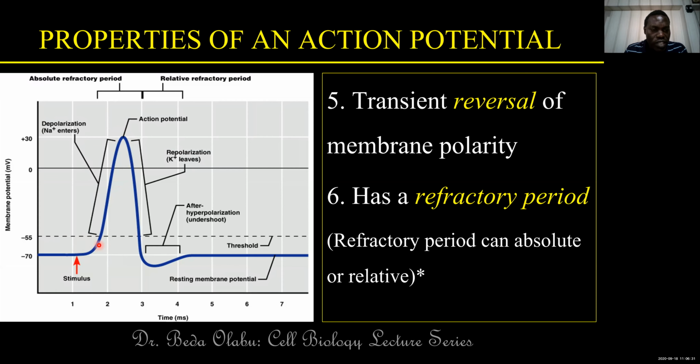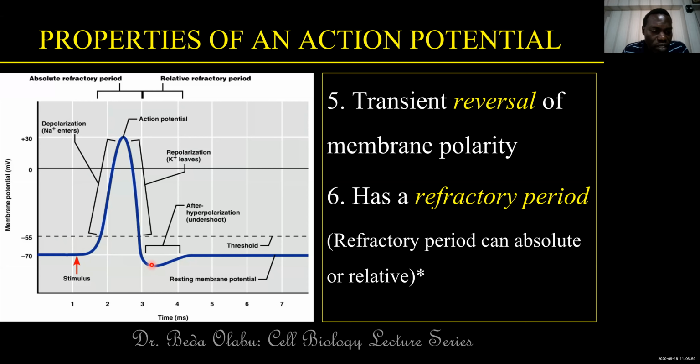During those three phases, the cell membrane is completely refractory, which means you cannot generate another action potential. However, beyond this, during the undershoot, during the hyperpolarization phase, you can generate an action potential, but you have to use a stronger stimulus.